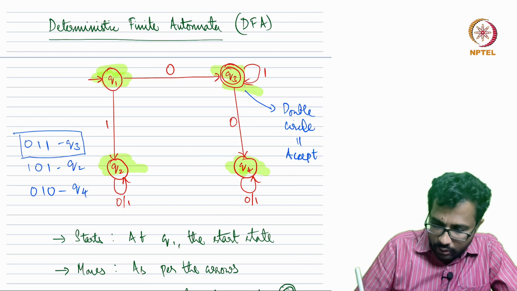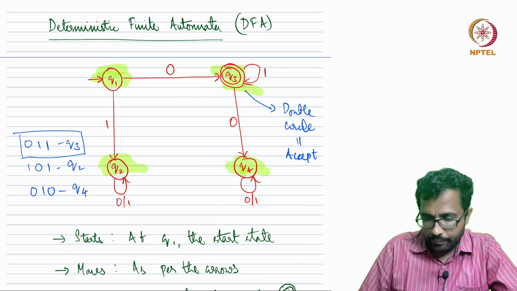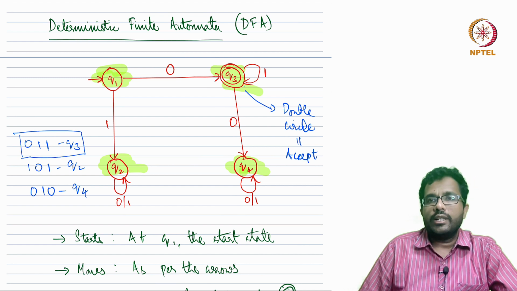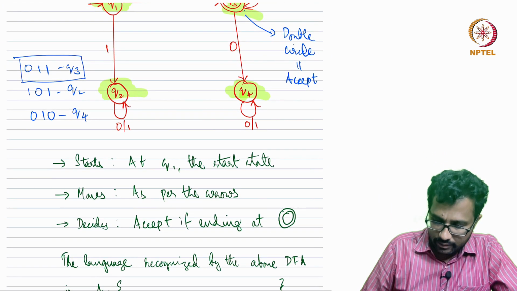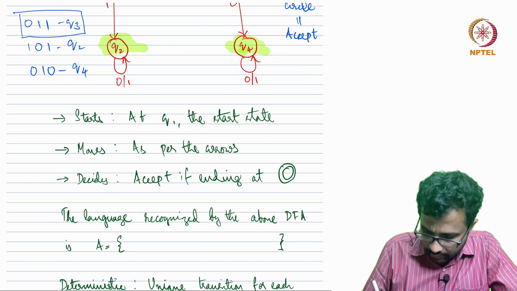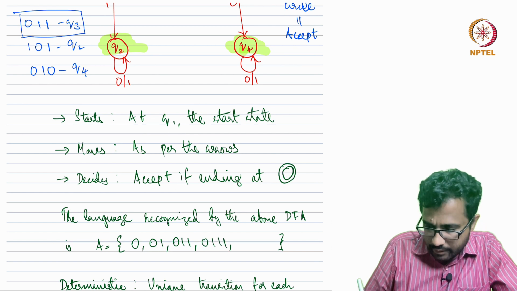Because if it sees a 0 again, it will move to Q4. So the starting symbol must be 0, and from then on it should only see 1s. So the set of strings that are accepted are 0, 0 followed by 1, 0 followed by 2 ones, 0 followed by 3 ones, and so on, right?